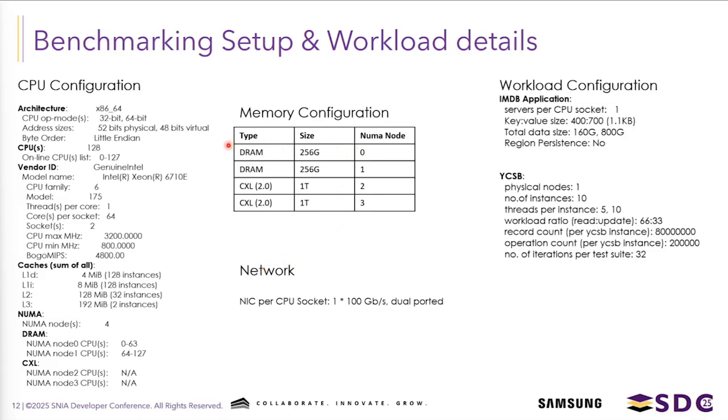Total 512 gig of DRAM split into 2 nodes, each 256 for each CPU socket, and 2 CXL devices, 1 TB each. This is what the application sees, and since we had 2 application instances, one was bound to nodes 0 and 2, and the other to 1 and 3.